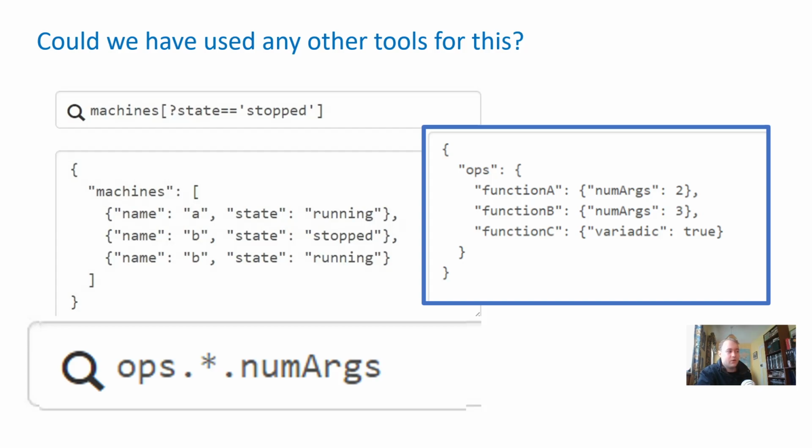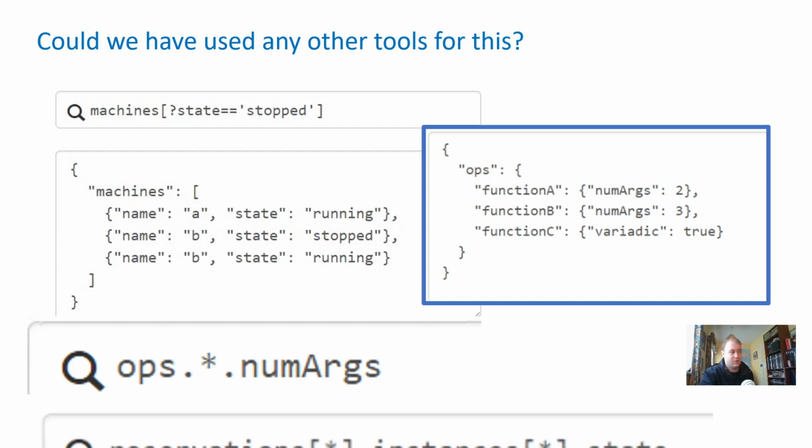Okay, but could we put machines.star.state? Well, yeah, but then we'd just get a list of all the states. We wouldn't have that filtering. Could we put machines.star.name? Yes, but then we'd just get a list of the names. So you can see that even if we assume that this was an object, which it isn't, it's machines and then the value is an array, it's still not appropriate.